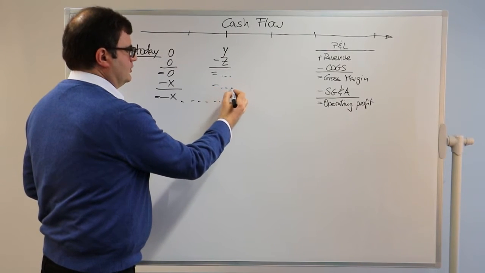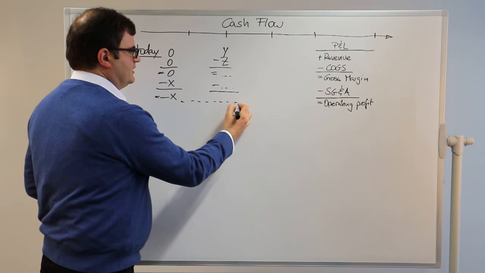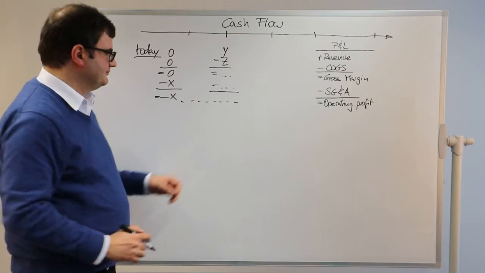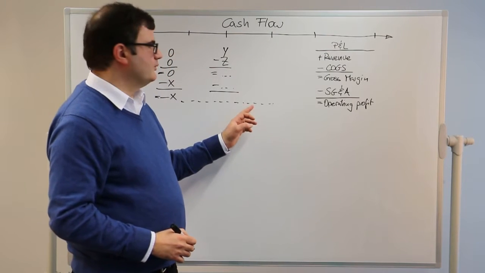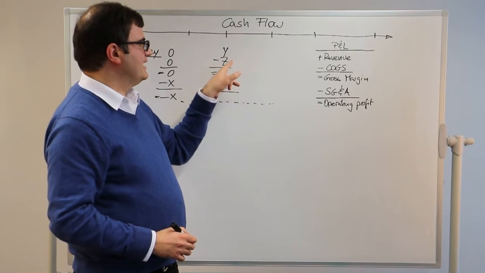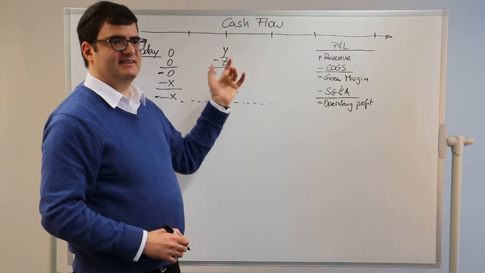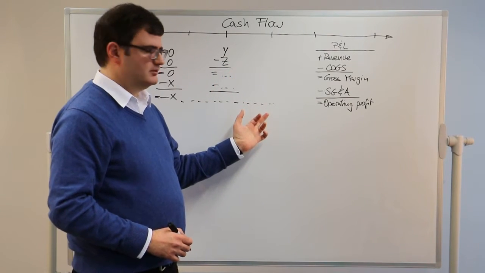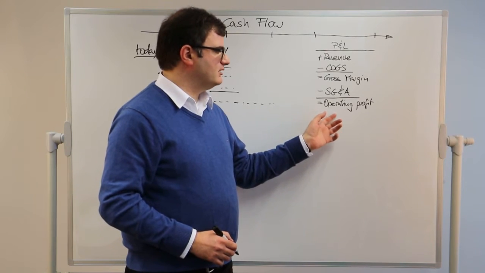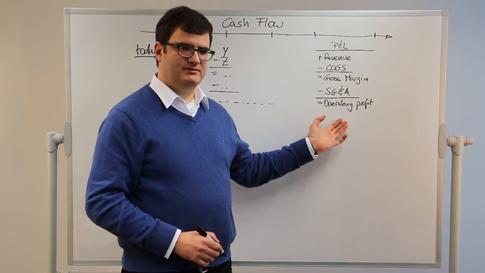And again, you will have some indirect cost, and you will get to a result as well. At some point, you will break even, which means the revenue and the sum of all your cost is the same, so your operating result will be zero. And then as you move along, you will start turning a profit.